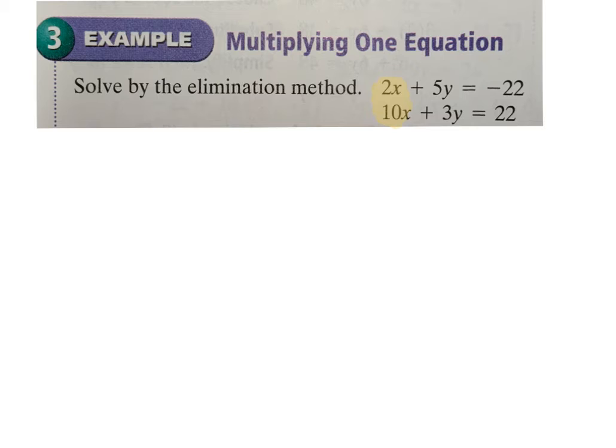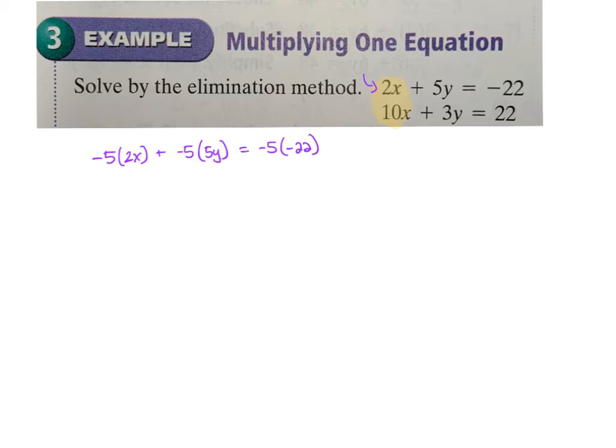And the way I'm going to eliminate it is I am going to multiply this top equation, the entire thing, by -5. All right? So I'm going to say -5 times 2x plus -5 times 5y equals -5 times -22. I'm going to multiply every piece of it by the -5.